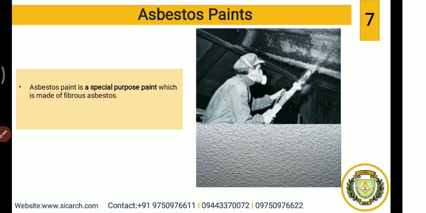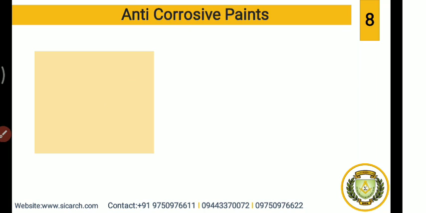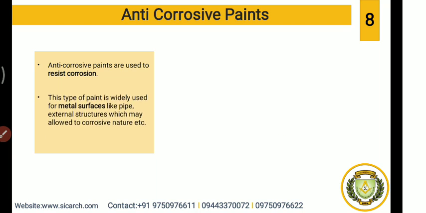Next is asbestos paint. Asbestos paint is a special purpose paint which is made of fibrous asbestos. It is used for preventing the surface from acid, gases and steam. Anti-corrosive paint. Anti-corrosive paints are used to resist corrosion.